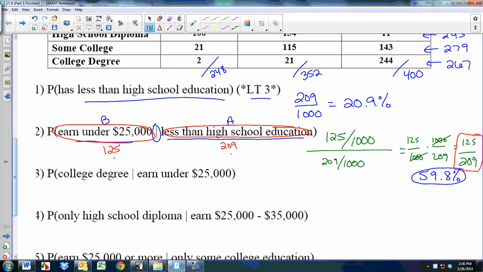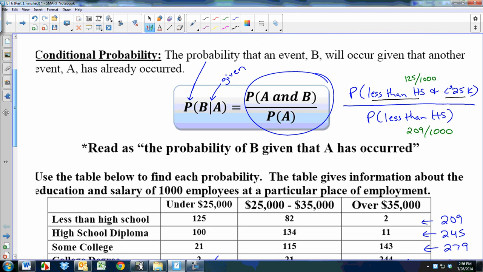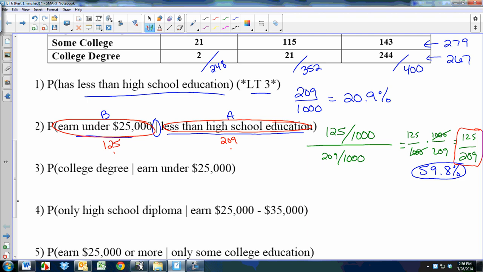With the formula, you may need to pause the video or scroll back. I'll scroll up to the top one more time for you to see the formula, P of A and B over P of A. Using the formula, this is B, this is A. So we're going to find the probability of earning less than 25,000, A, and B, which is college degree, and divide that by the probability of A, which is less than 25,000.